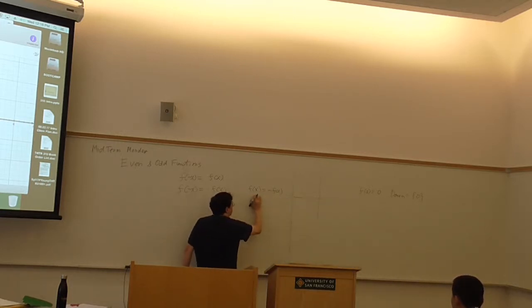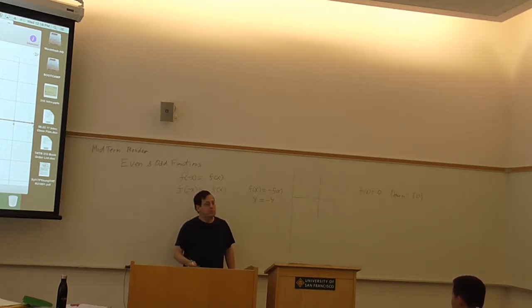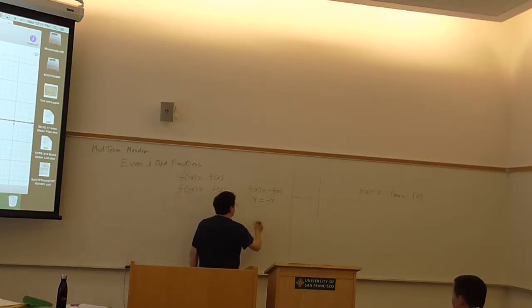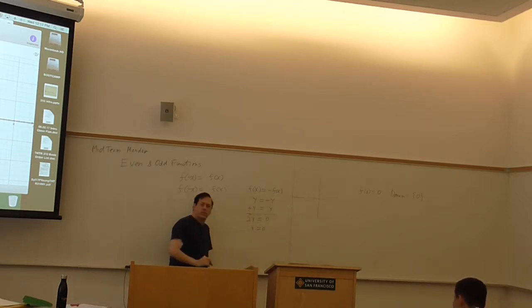See, if I substitute this here, like you say y, so y equals minus y. What does y equal? Let's find out. Let's add y to both sides. That's 2y equals 0. And divide by 2, right? Y equals 0.